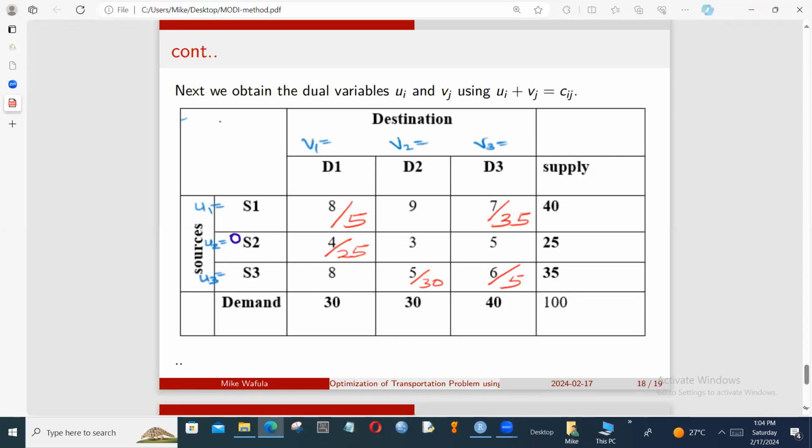We are using cells that have allocations. We can begin with this, because you know that U2 plus V1 should give us what? 4. Do you see that? U2 plus V1 should give us 4. Do we see that, all of us? Yes. So let's find V1.